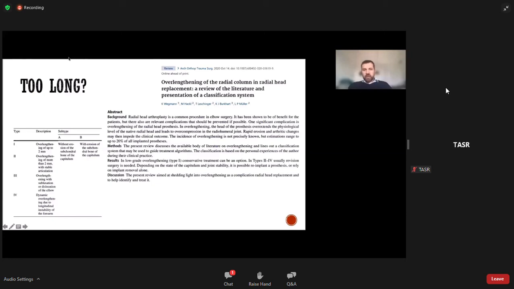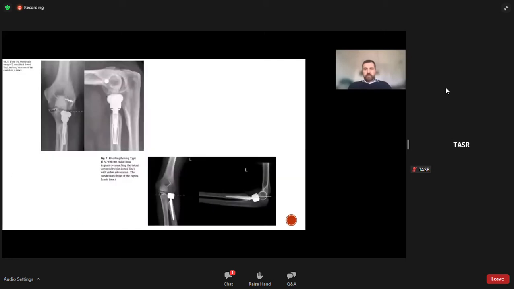So, of course, you can have wear of the cartilage there. This, for example, is a case in which there is an over-tensioning of the radial head, which you can see in the figure in the lowest right part of the screen. On the other portion, instead, you have a correct positioning.